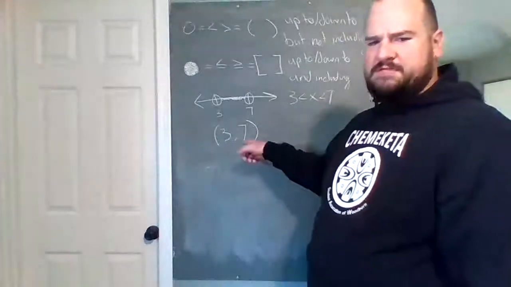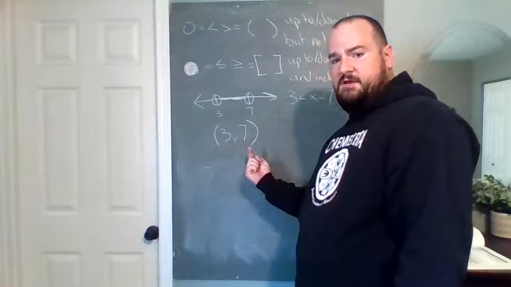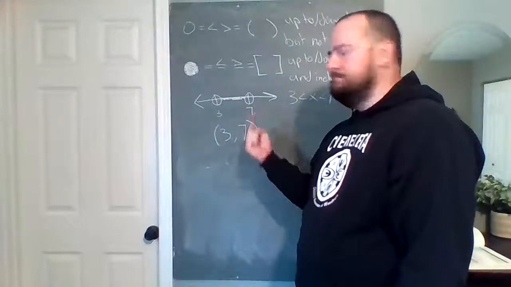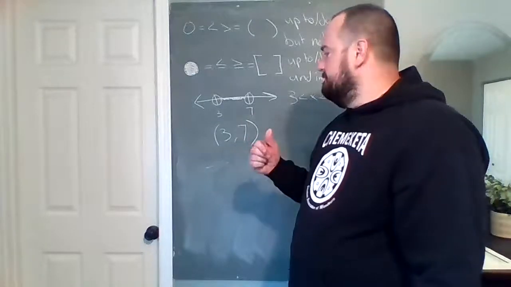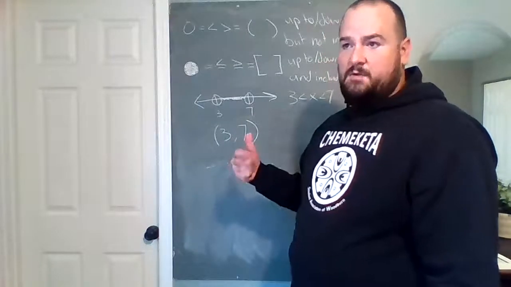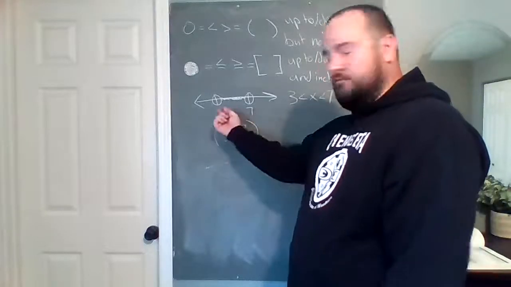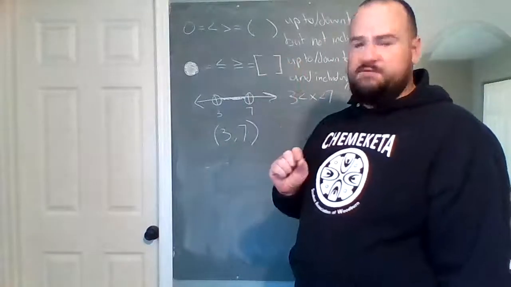This looks like the point (3, 7). How do I know if I'm talking about the point (3, 7), or if I'm talking about the interval from 3 to 7, not including 3, not including 7? Well, the very simple answer is the context of the question. If I ask you, say, what's the domain of the function, and you give me this, I'm going to assume that you're talking about the interval from 3 to 7, and not that you think the domain is the singular point (3, 7).